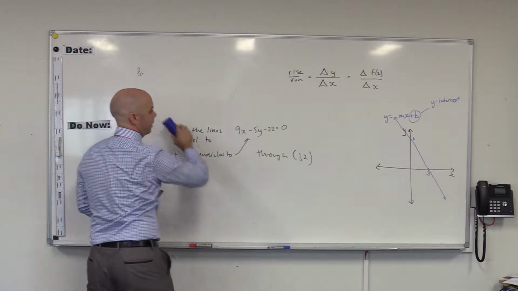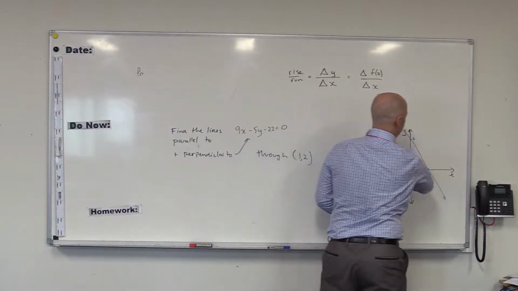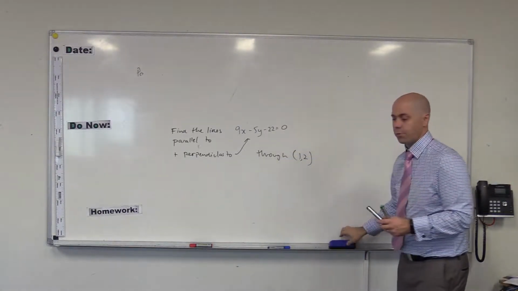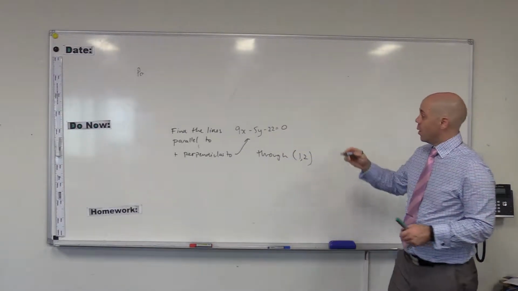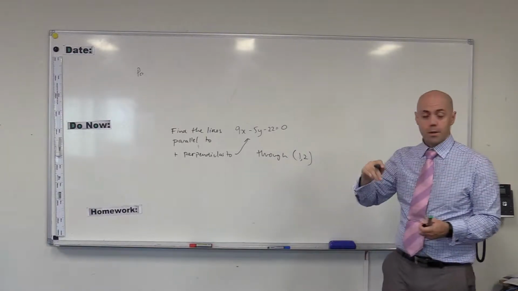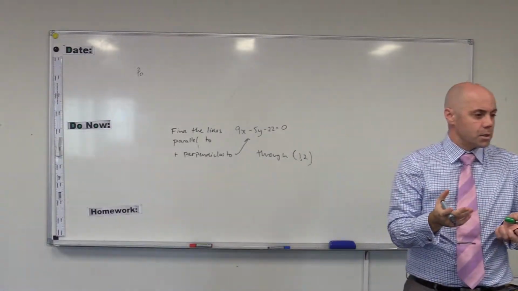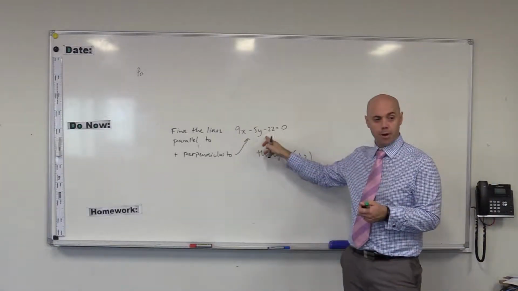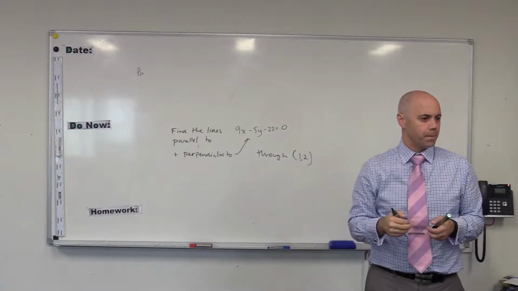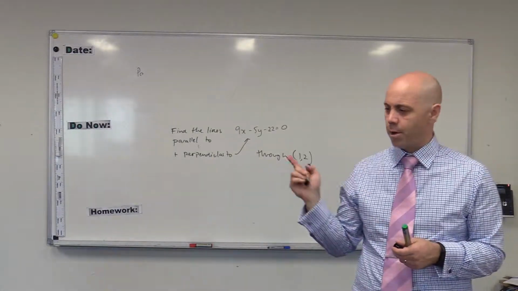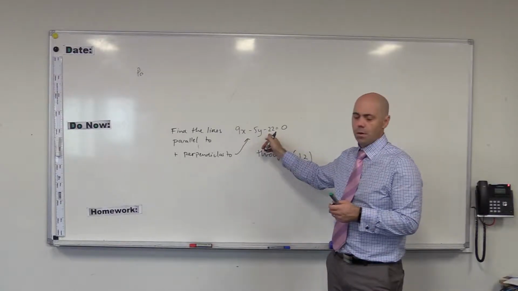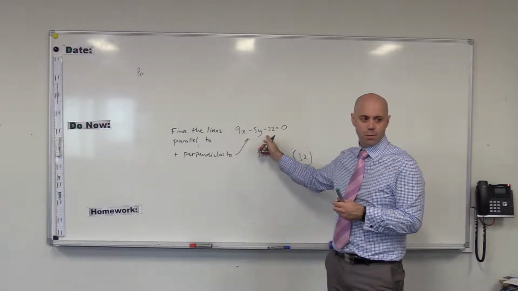I'll rub this off to give some more room. Let's work through the parallel. I need to know what the gradient is so I can use that. We didn't specifically calculate the gradient of this, so let's do that now. How do you work out the gradient from the general form?